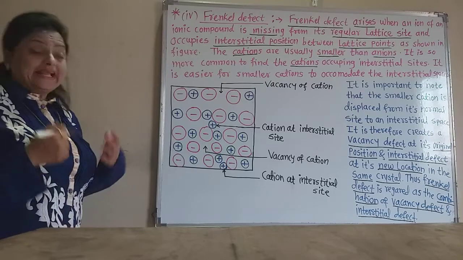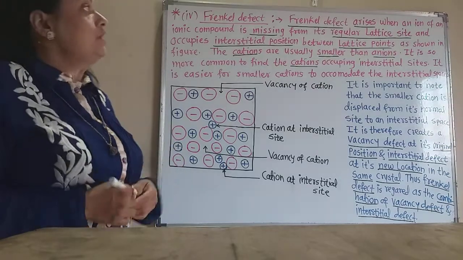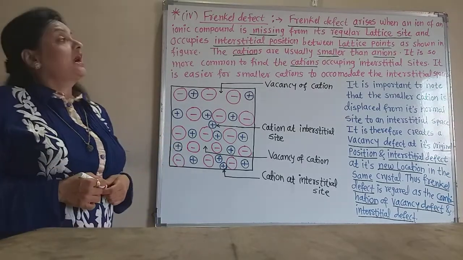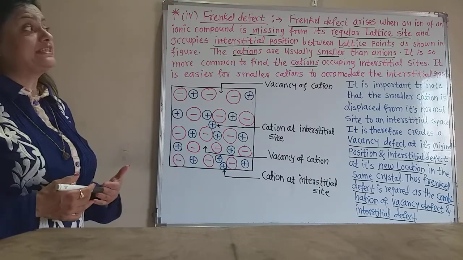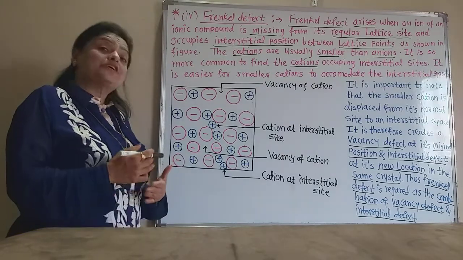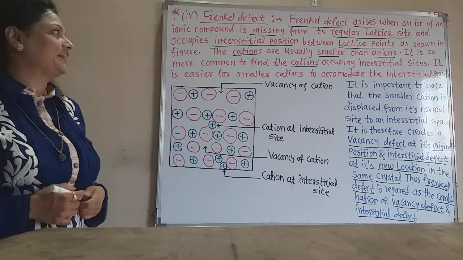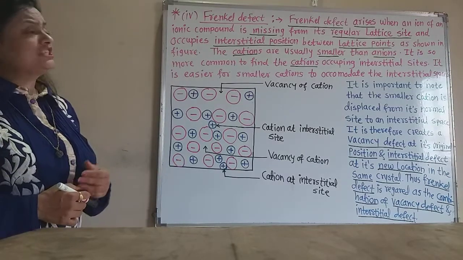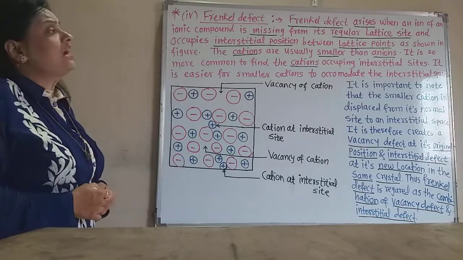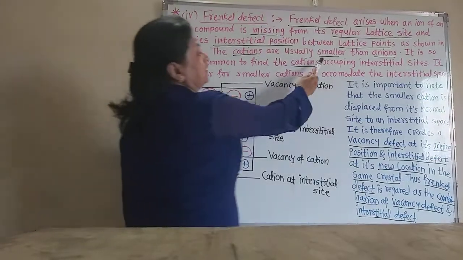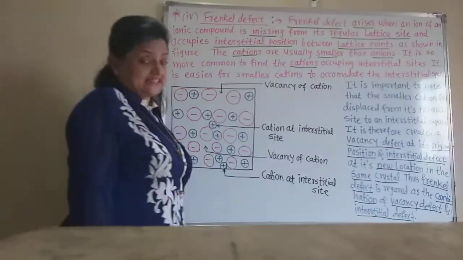So Frenkel defect arises when an ion of the ionic compound, generally the cation, is missing from its regular site and occupies the interstitial space or void between the lattice points, as shown in the figure. The cations are usually smaller than the anions.